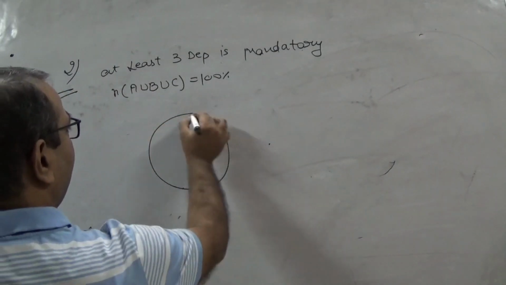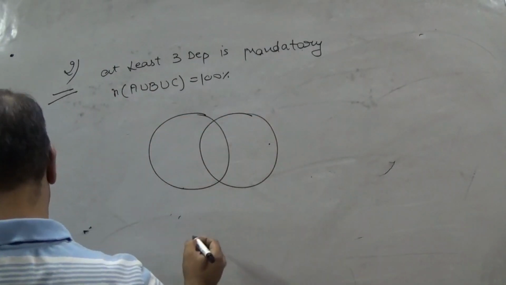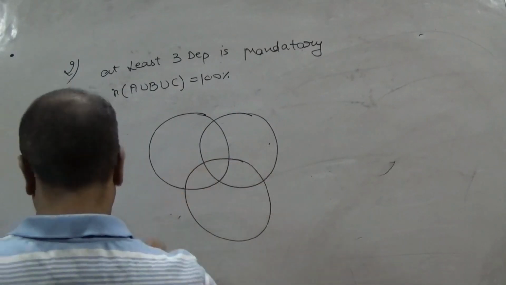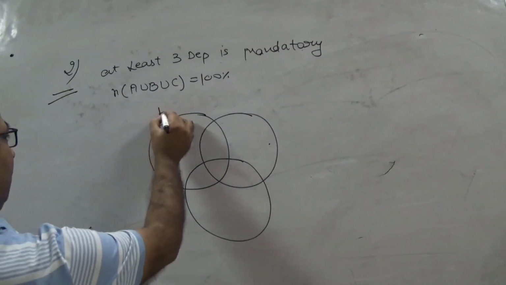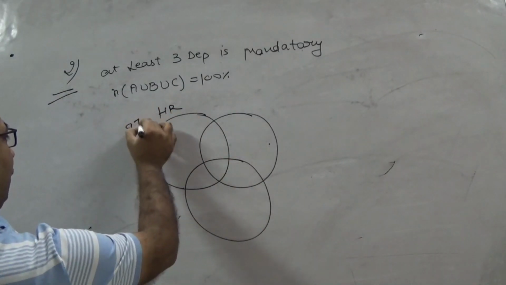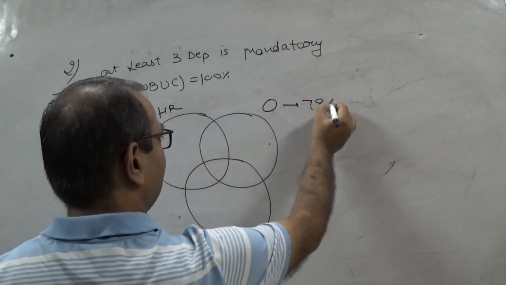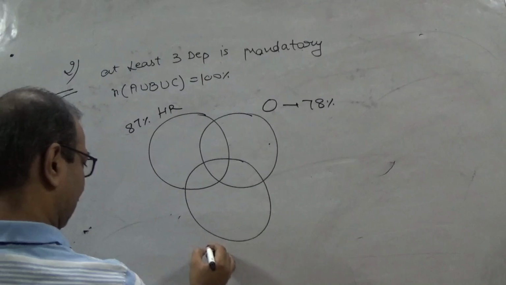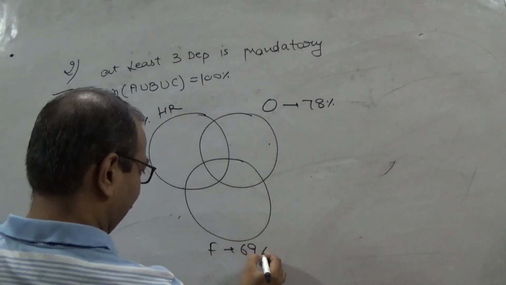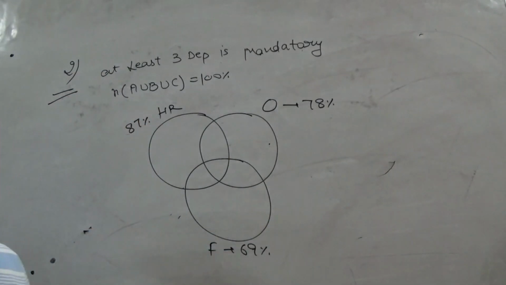Now three departments are given. One is the HR department, one is the operations department, and one is the finance department. It's given that in the HR department 87% of the people work, in the operations department 78% of the people work, and in the finance department 69% of the people work. This information is given.